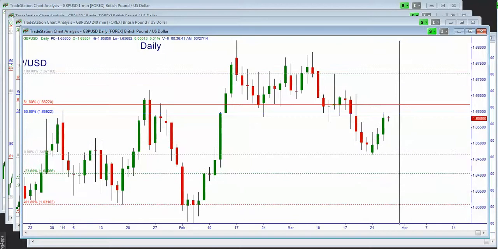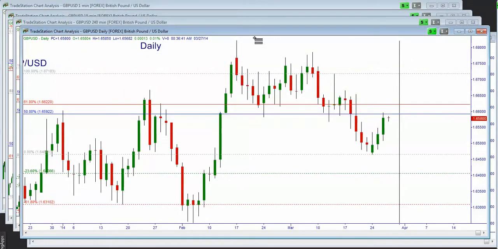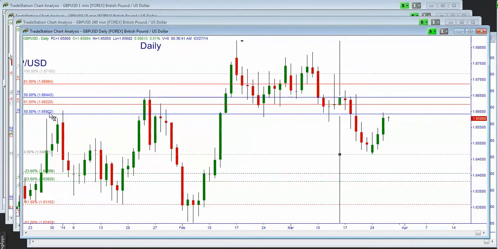And I'm going to show you on the 15-minute chart what is the exact level that will actually identify this resistance.